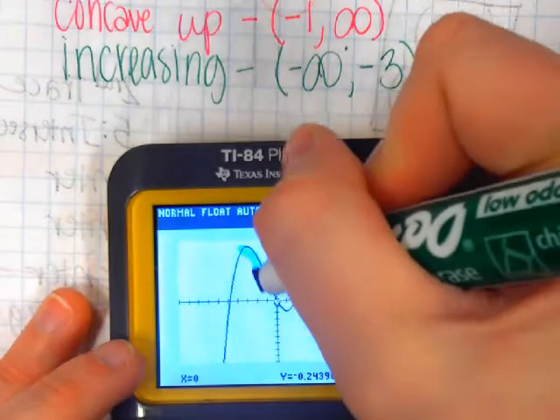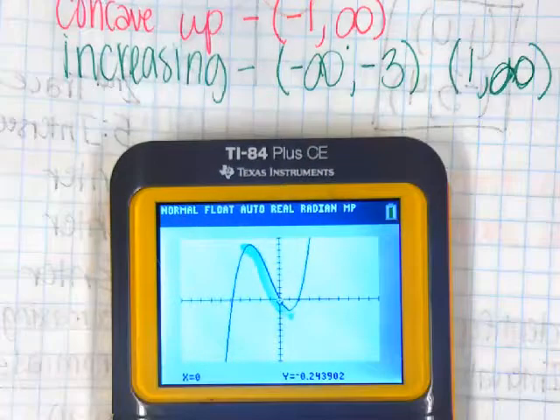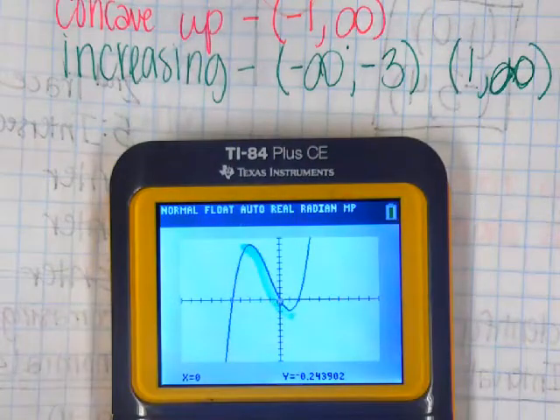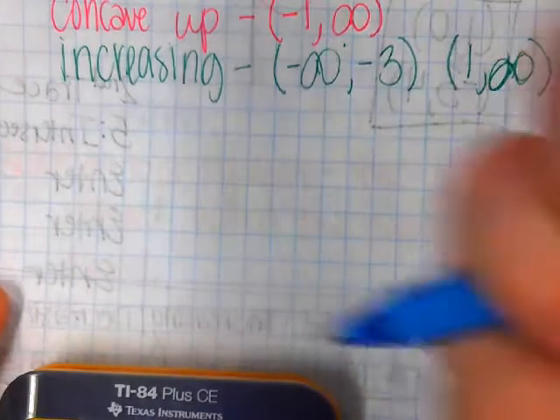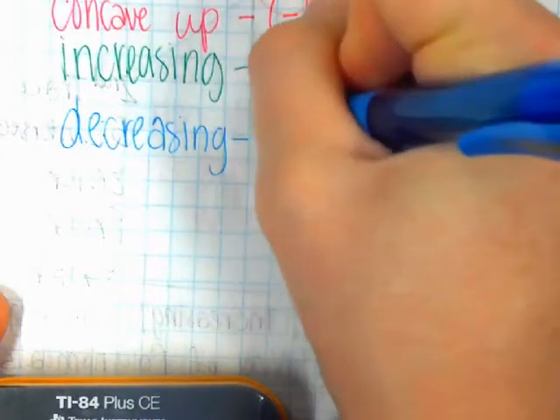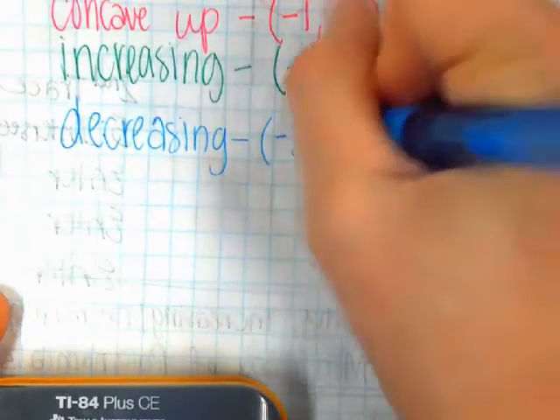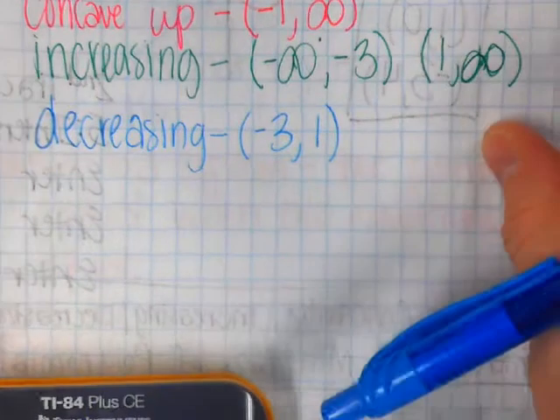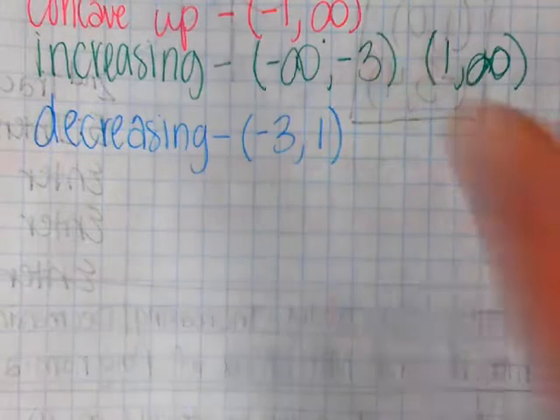Now let's look at when it's decreasing. Well, it's going to be that interval in between. So from negative 3 to 1. So it is decreasing from negative 3 to 1.